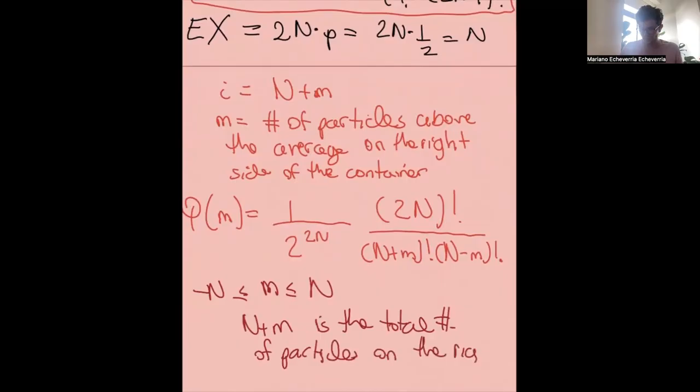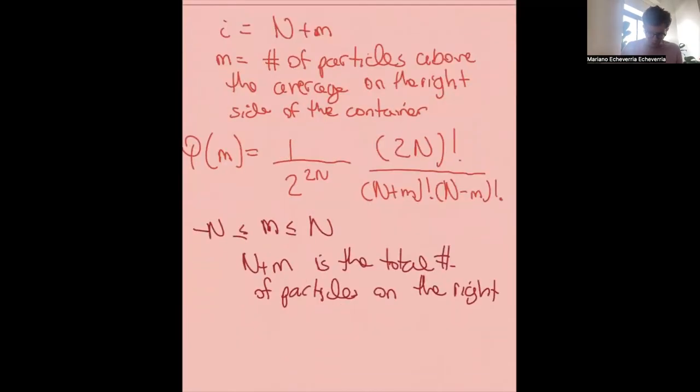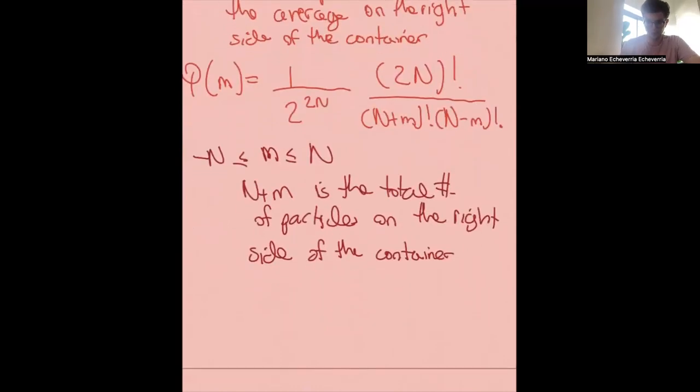Is that making sense? It's a convenient way to compute this probability, more symmetric with respect to the average, which wasn't the case before.